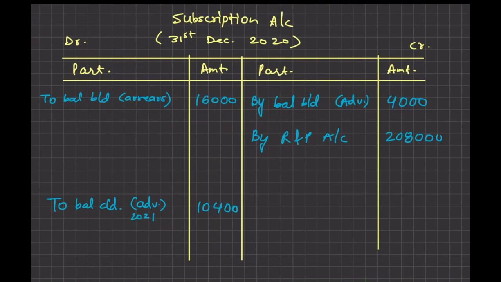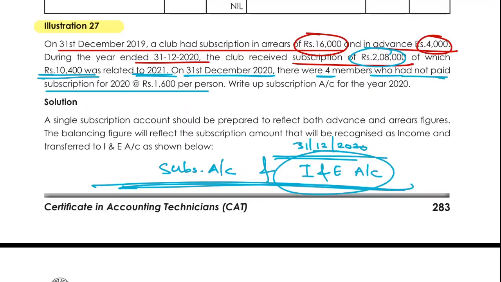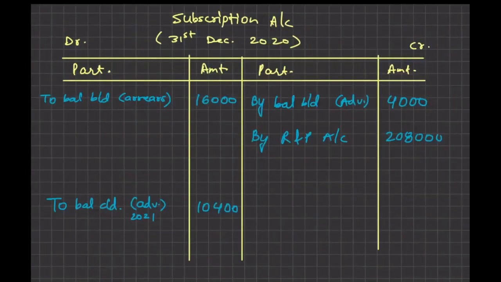Then on 31st of December 2020, four members had not paid the subscription of 2020 of rupees 1600 per person. That means 6,400 they have not paid. So this is my asset. This will go as by balance carried down, the arrears of 2020, it would be 6,400.